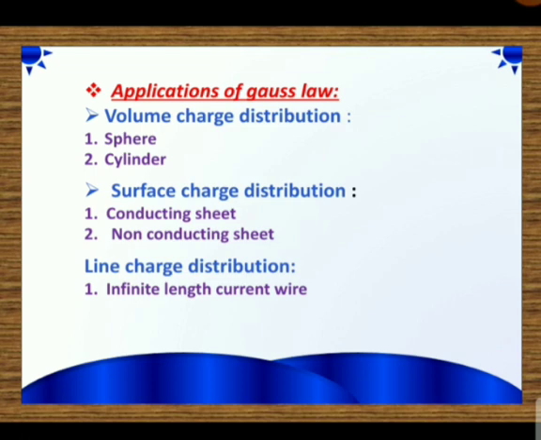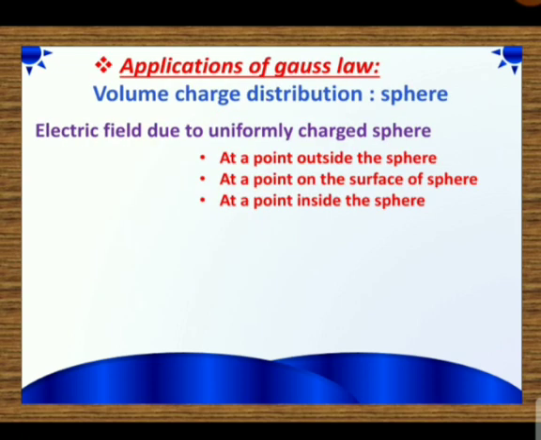Now first today our application is we have to find out electric field due to volume charge distribution. Example for volume charge distribution is a sphere. A sphere has a volume. Let us suppose there is a charge q which is distributed uniformly over a sphere.